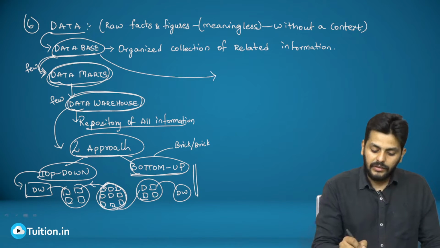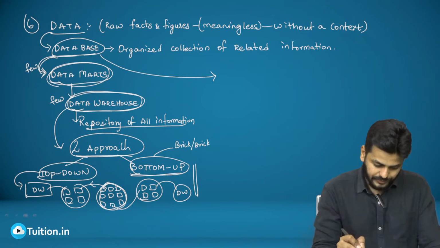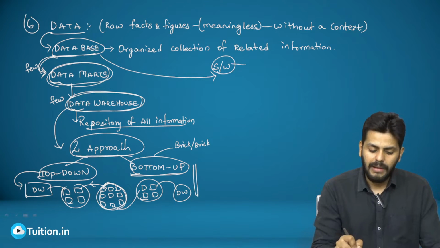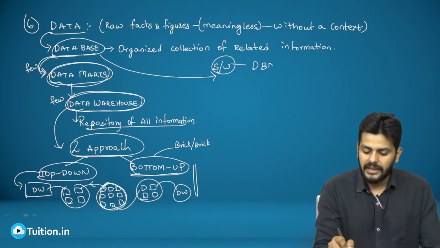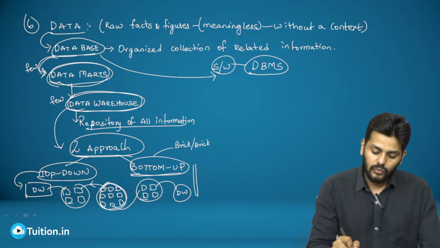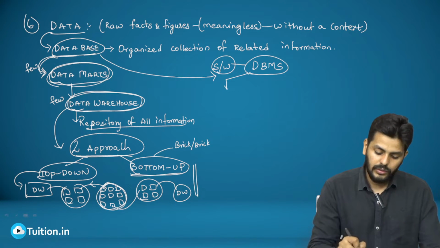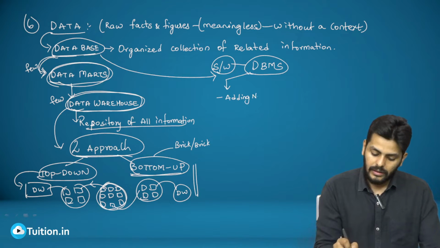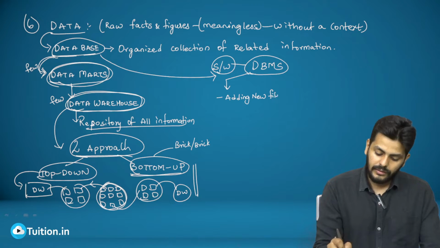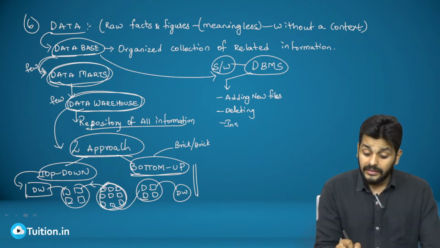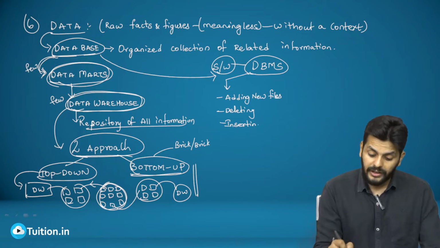And then in database we have what are called software. Software to manage the database is called a database management system or DBMS. Using DBMS, what all can you do? Using the DBMS, you can do adding new files, deleting existing files, adding, deleting, inserting data into files.